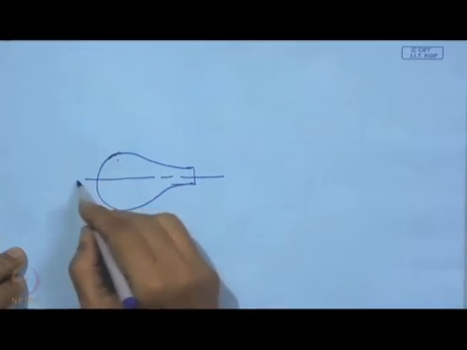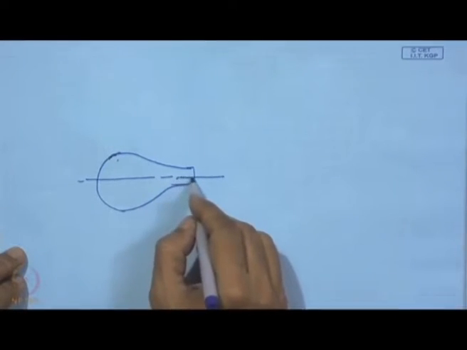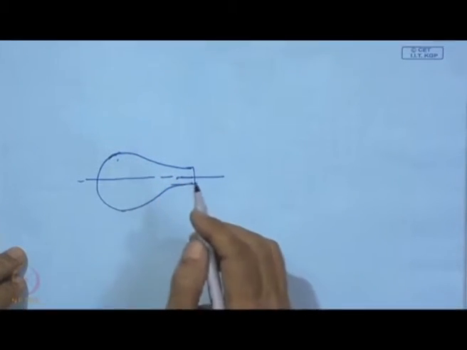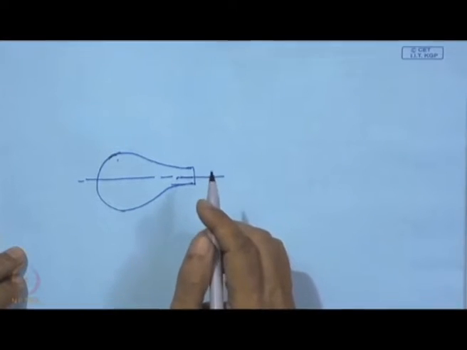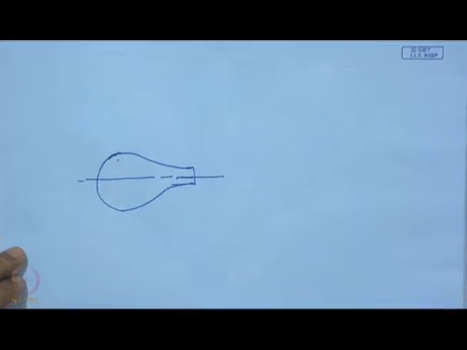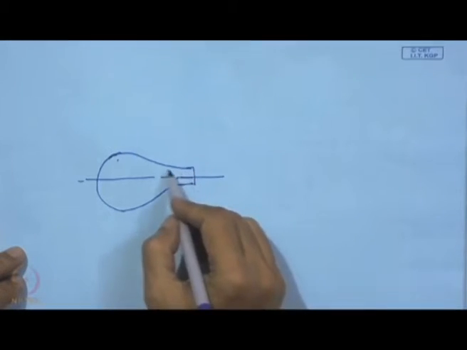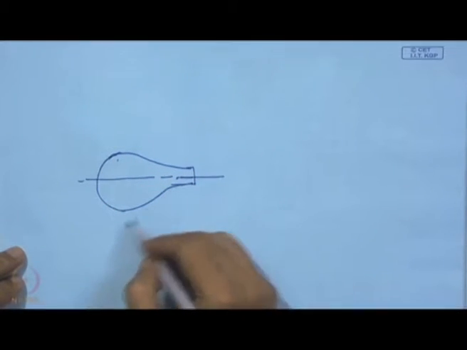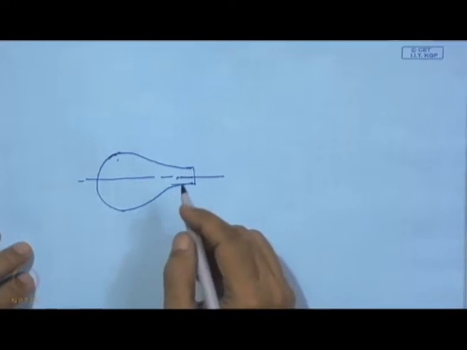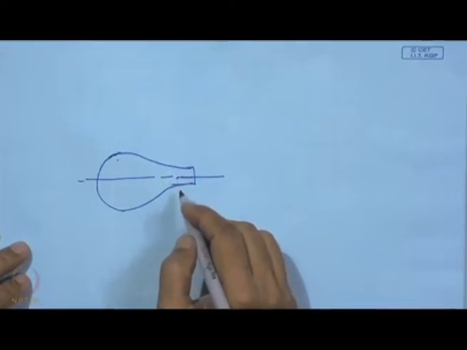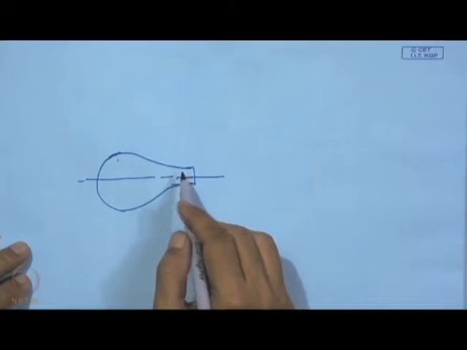So, this is symmetrical about this axis, and this surface can be contoured in a machine, in a milling or a turning machine, whatever may be the case.